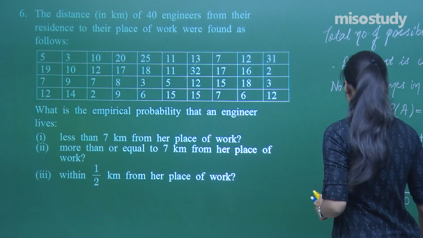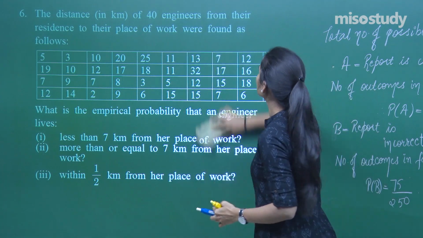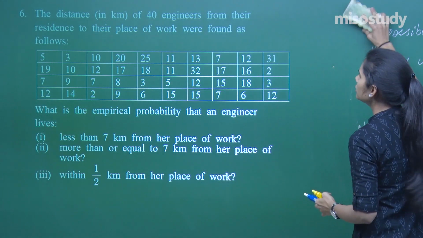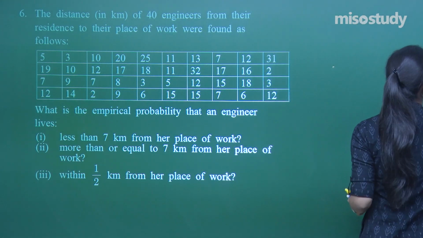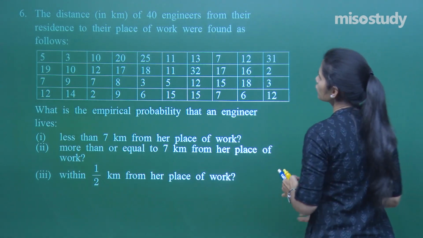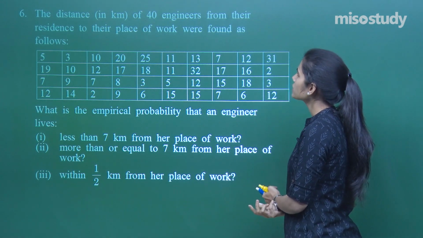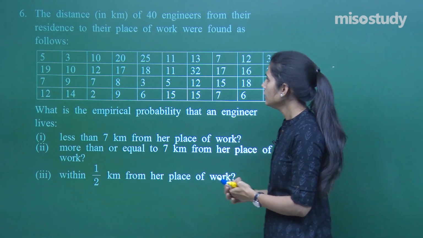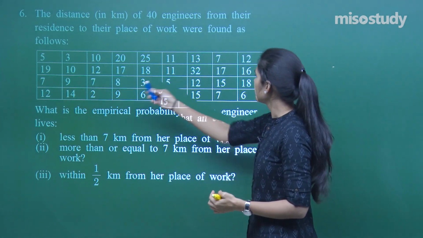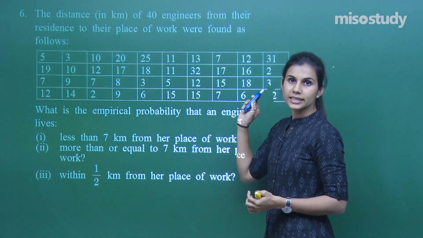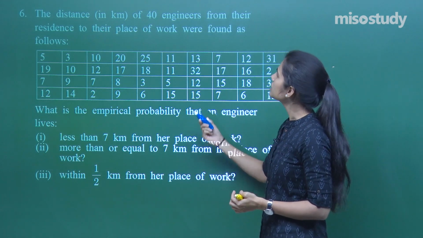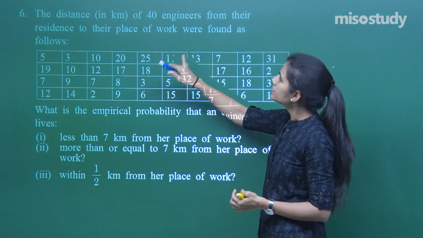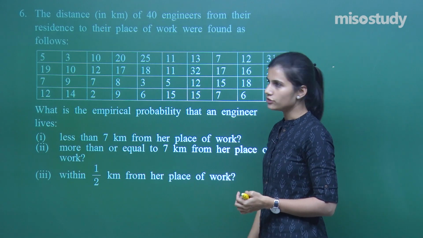The distance of 40 engineers from their residence to their place of work is found to be this. These are 40 numbers written over here, each representing the distance in kilometers from the residence to the workplace of these 40 engineers.